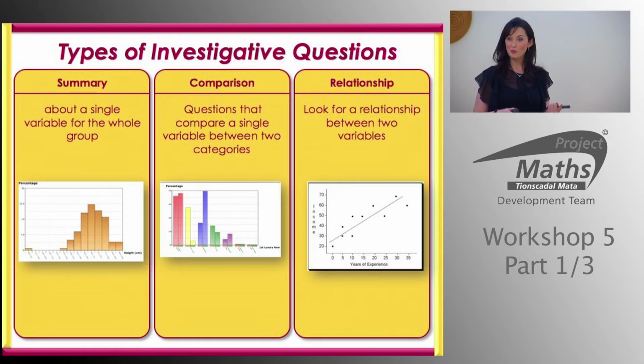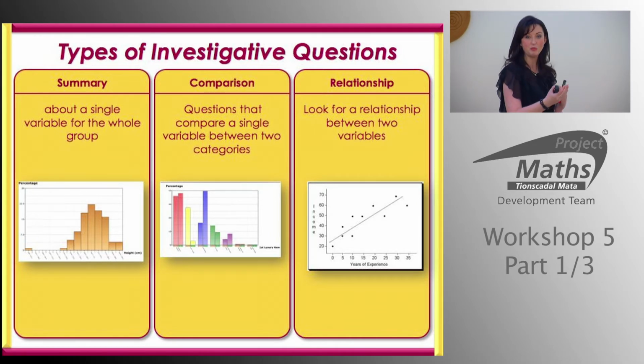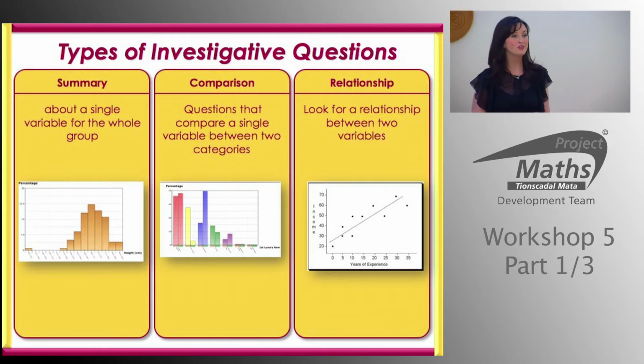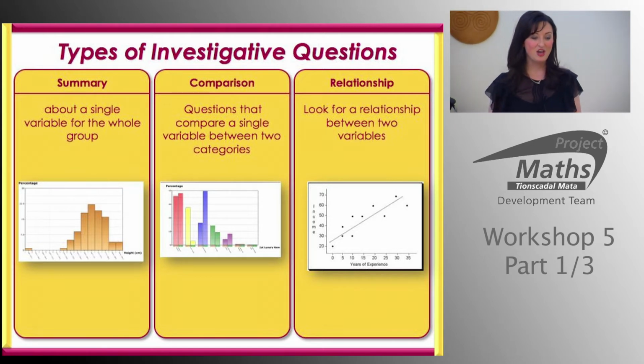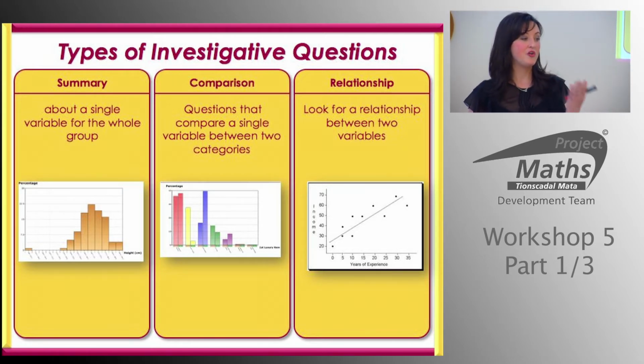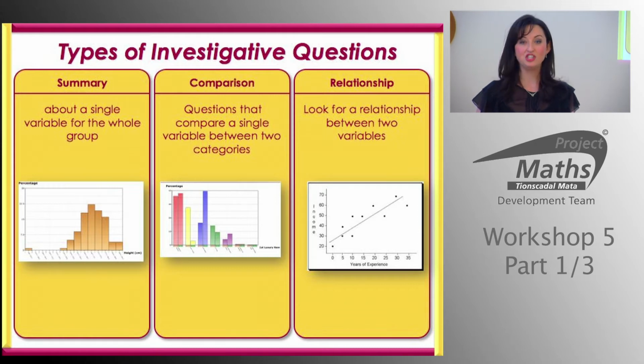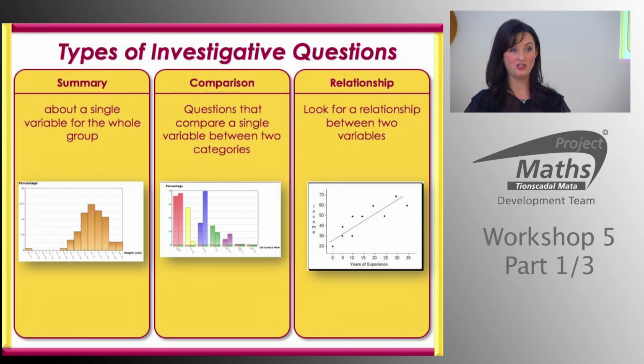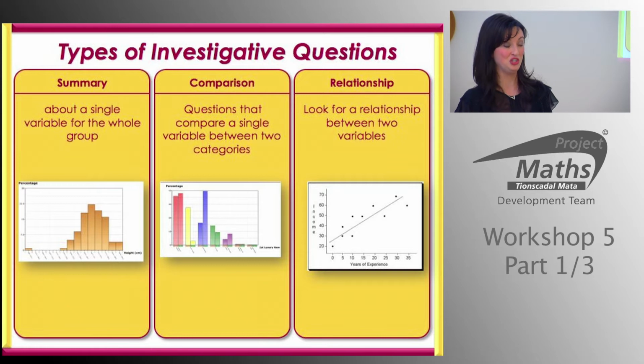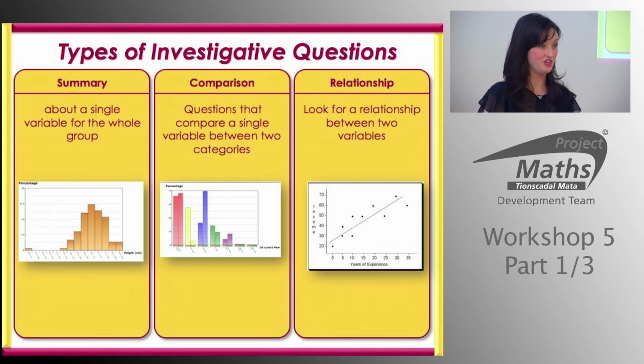Now, when the kids get up into fifth year, this is where it changes a little bit for them, because then they have to get used to being able to deal with 2 variables of data. And when they're looking at 2 variables of data, what they're looking for is a relationship between 2 variables. So they might look at, does your age have any relationship with the amount of homework that you do? Do the 6th years do more homework than the 1st years?